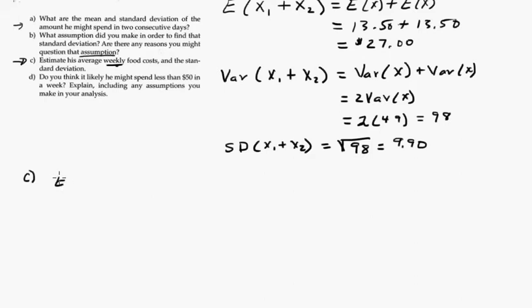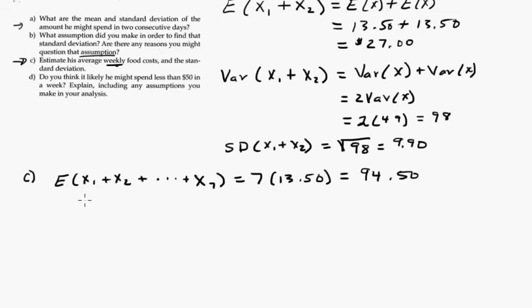So that's going to be the expected value of x1 plus the expected value of x2 plus, because I'm lazy, up through 7 days. That's just going to be 7 times 13.50. So what's that come to? About $94.50.